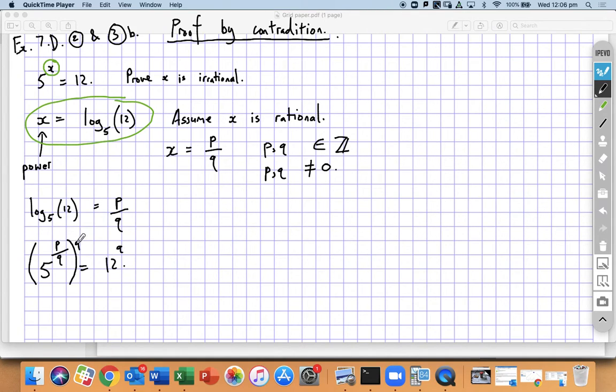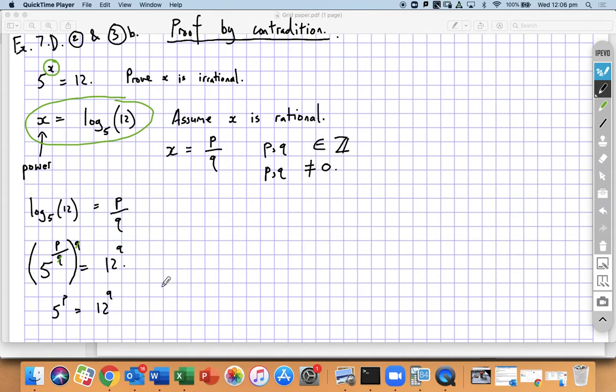When doing this, we multiply the powers, so those q's will cancel. You have pq divided by q, which is just p. And so your next line should say 5 to the power of p equals 12 to the power of q.